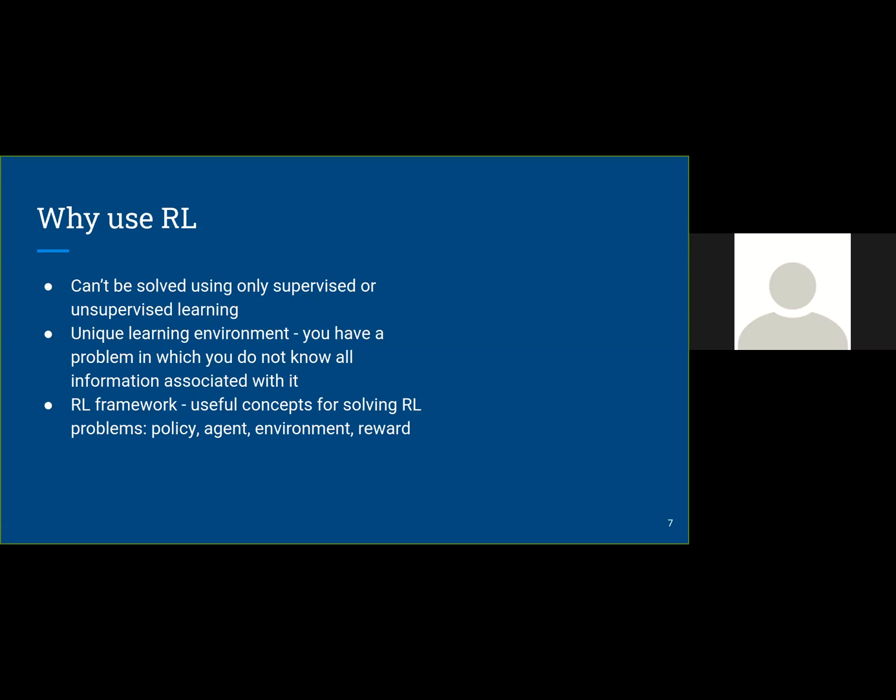For example, in supervised learning, you can't really get true labels for it. We also might want to use reinforcement learning because for these unique problems we already have a framework on how to efficiently approach them. That makes solving the problem not much easier, but solvable.